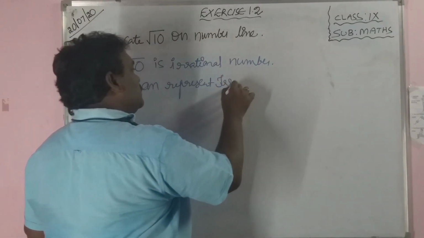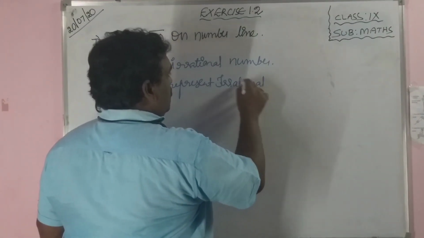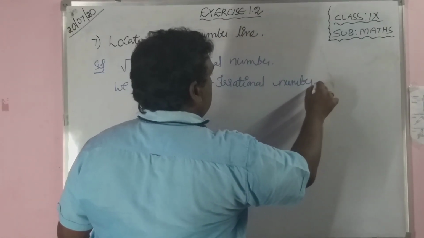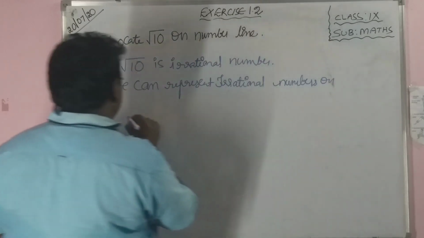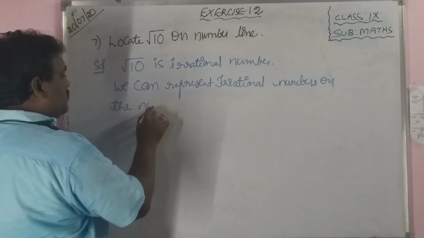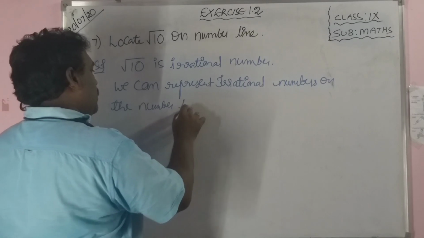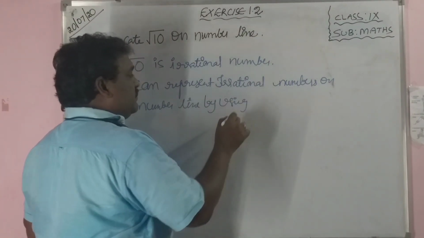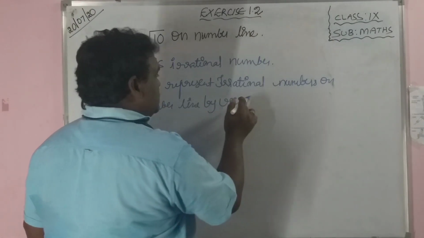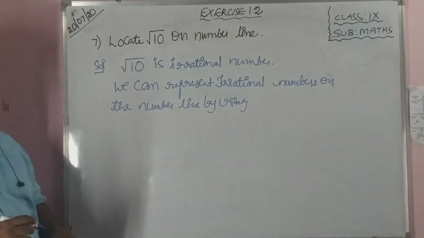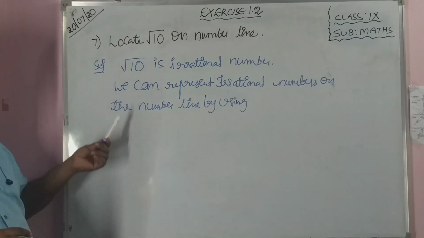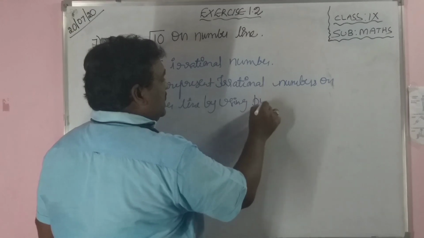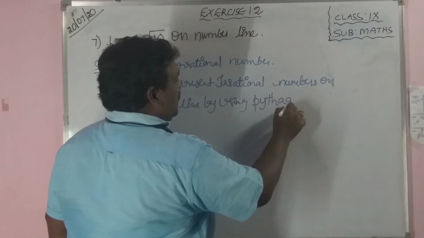We can represent irrational numbers on the number line by using what? We can represent irrational numbers on the number line by using Pythagorean theorem.